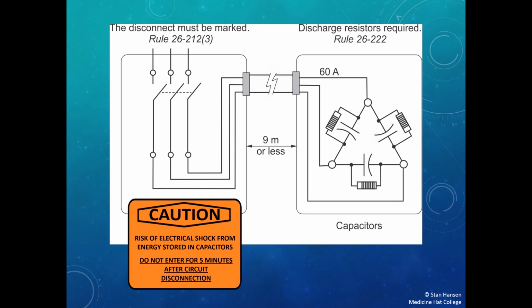The only time I can get away from having a separate disconnect for a capacitor bank is if my capacitor bank is wired with a motor, in which case Rule 26.222 allows me to use that motor disconnect as a capacitor disconnect as well, and I don't need to worry about it affecting any other circuits.